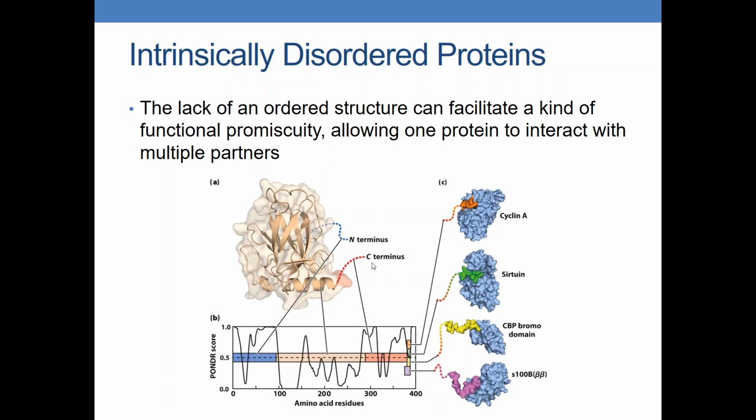In fact, if you look at the coloring here, orange corresponds to the cyclin A combination, green with sirtuin, yellow with the bromodomain, purple with this thing. The disorder goes down. So the C-terminus in this case becomes ordered. It adopts structure in response to the interaction with each of these proteins individually.